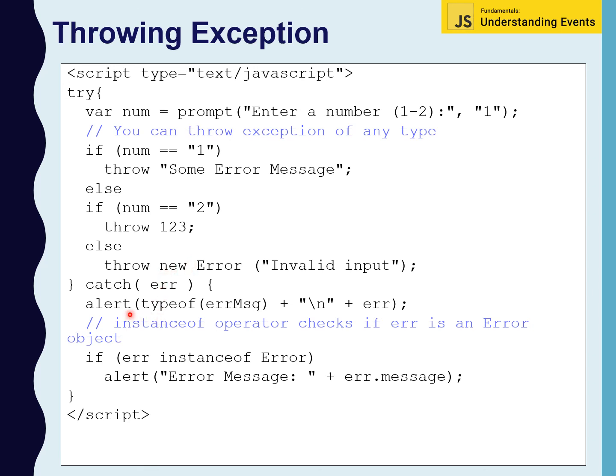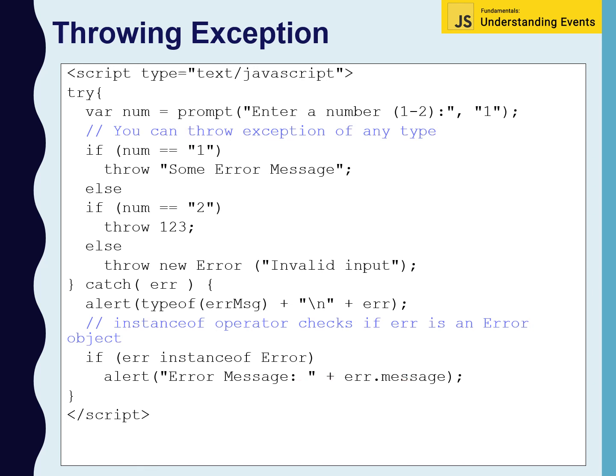Inside the catch block, an alert box will be generated with typeof error plus the error message. If error instanceof Error, then another alert box will be displayed with the corresponding error message.